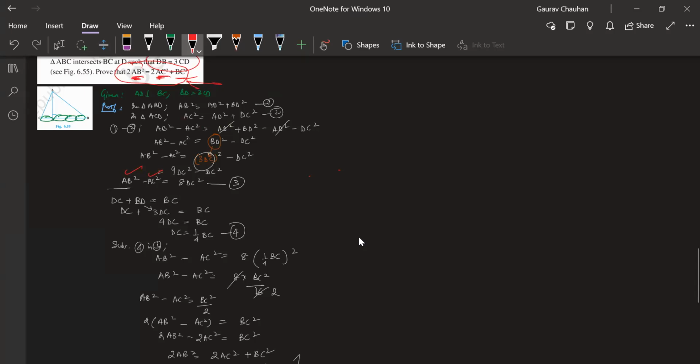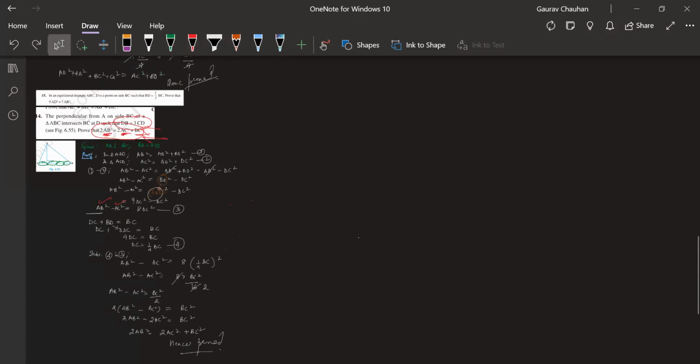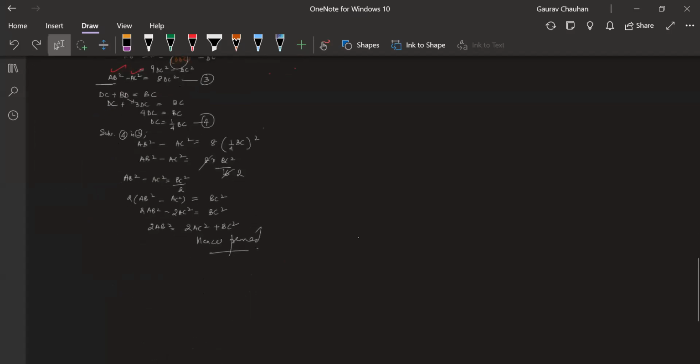So because of that, AB square, AC square, I'm going to subtract it. I subtract it, I reach a place where I have something like this. Now I'm thinking DC square is not there in the 2 proof statement. So to substitute it, change it in terms of BC. I do that, and then automatically my statement changes to what is given as 2 proof. Yeah, if I just stick to proper maths.